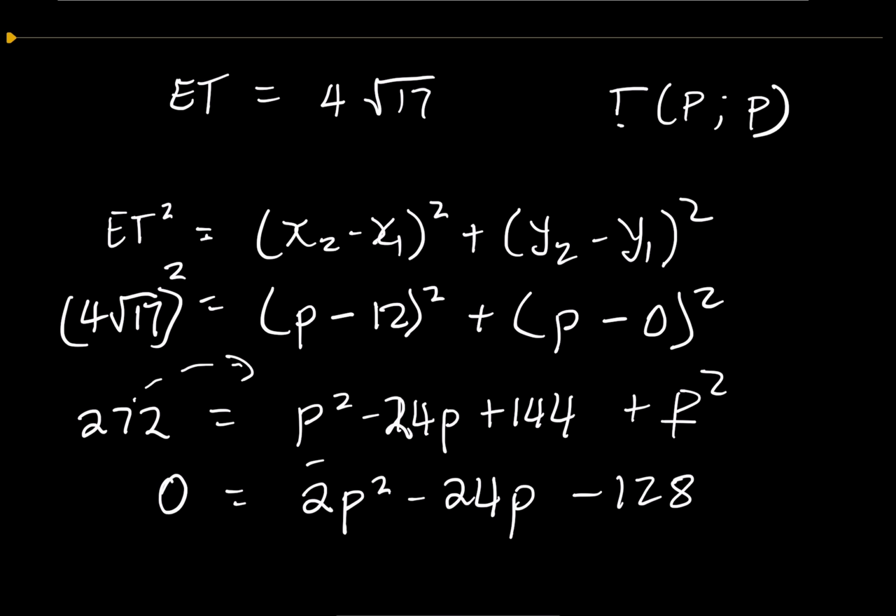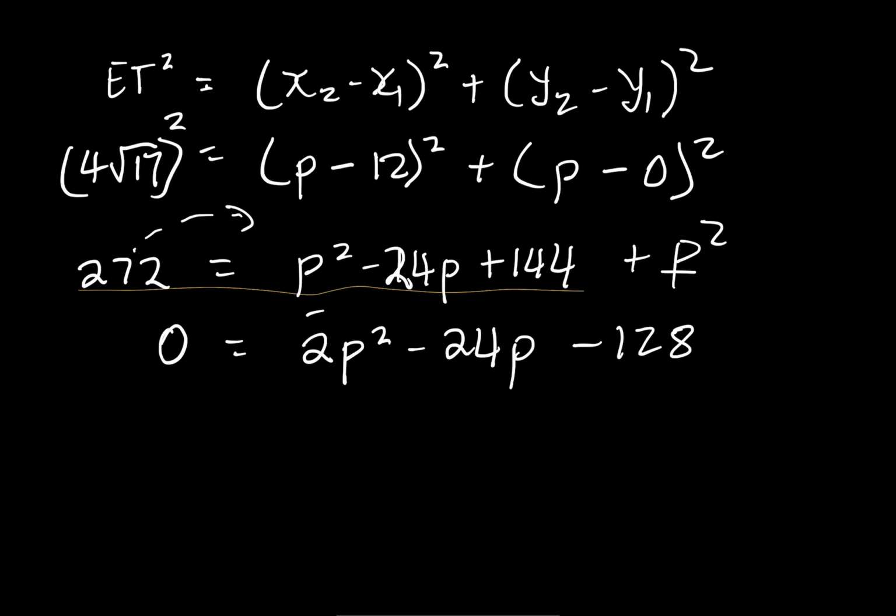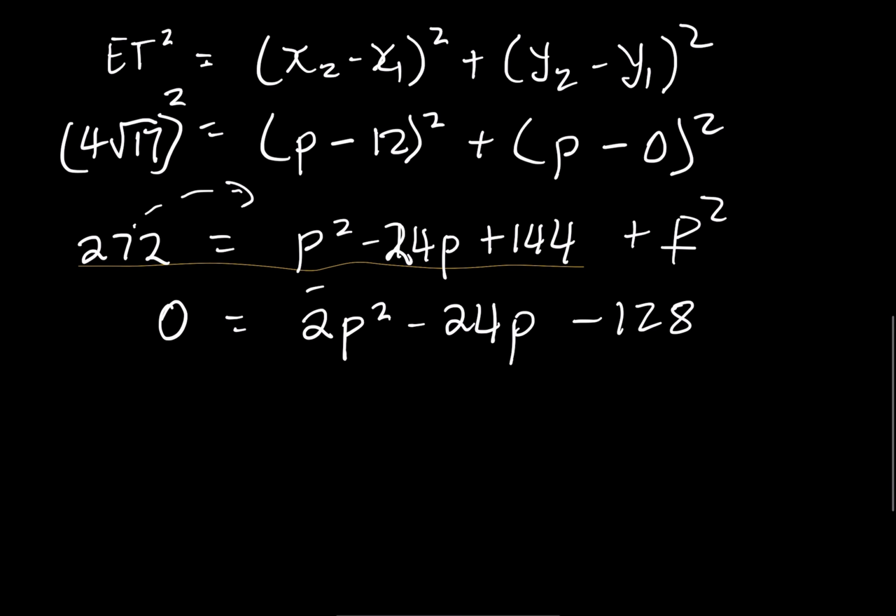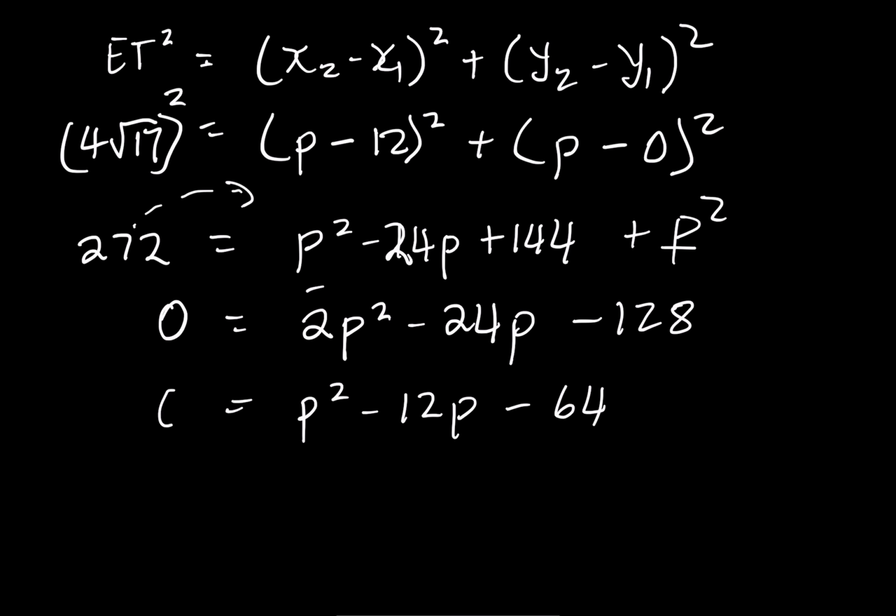And this equals 0. Now I can simply divide both sides by 2. So I've got p squared minus 12p minus 64, and this is equal to 0.